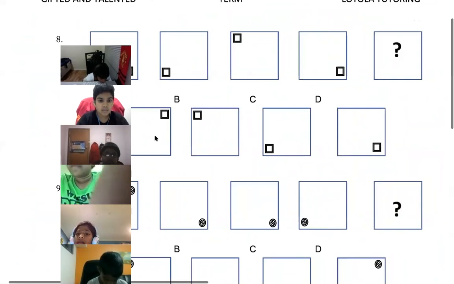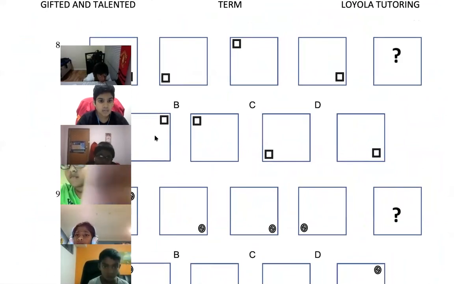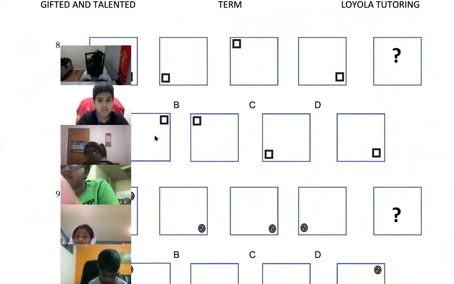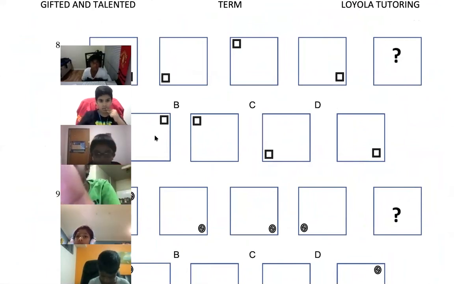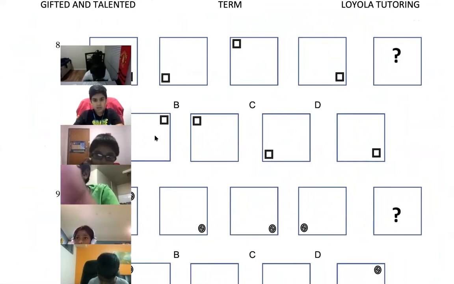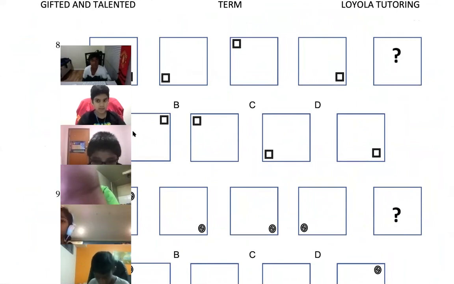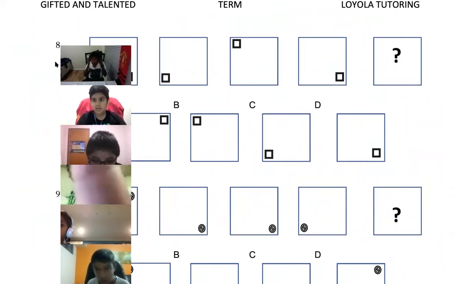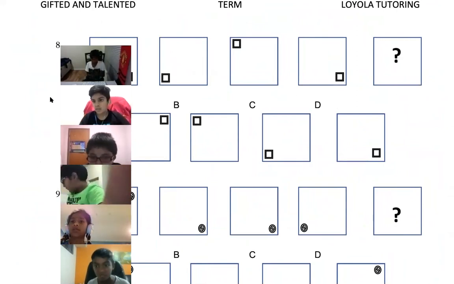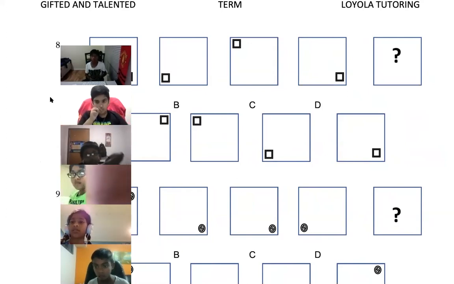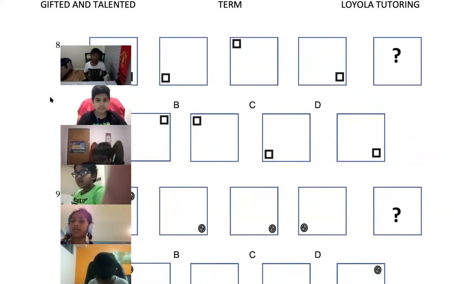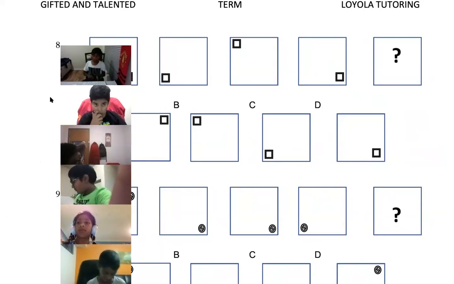All right, question number 8. One, two, 1, 2, 3. Go back to 1 and 8. Oh wait, I accidentally sent it to Havish.